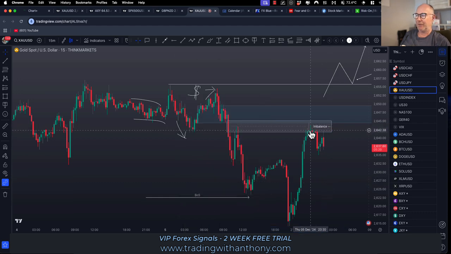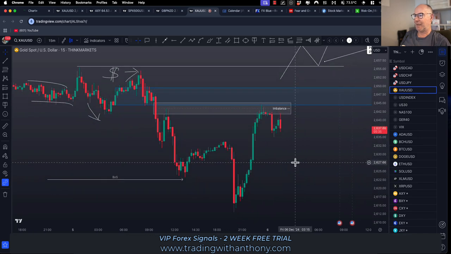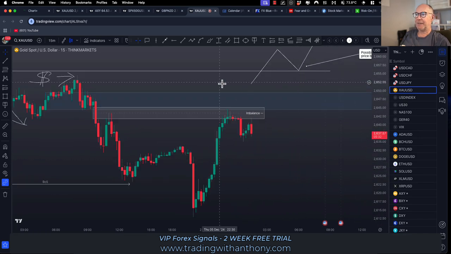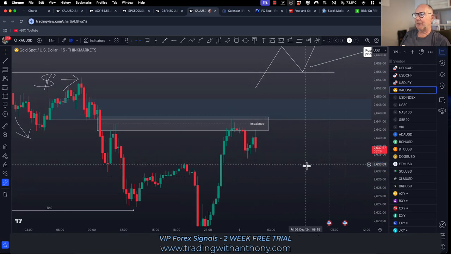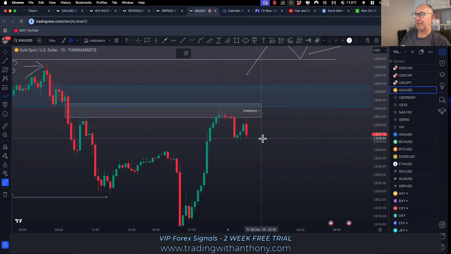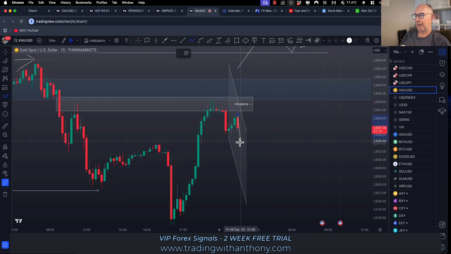I don't really want to see a break above this. So what I'm wanting to see now is downside momentum, and I want to see price start to trend bearish. In other words, from here, lower low, lower high.